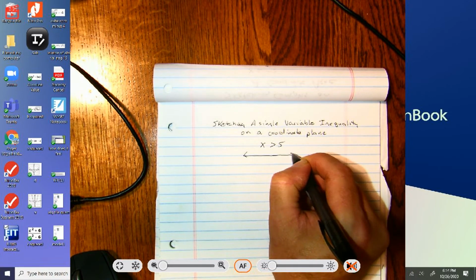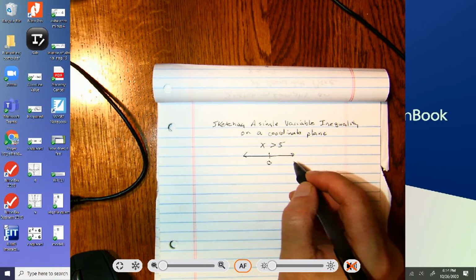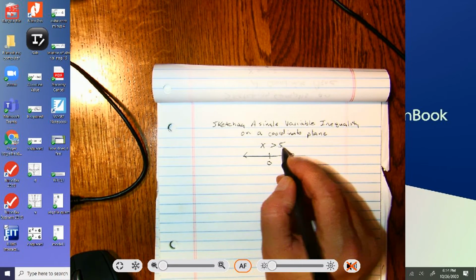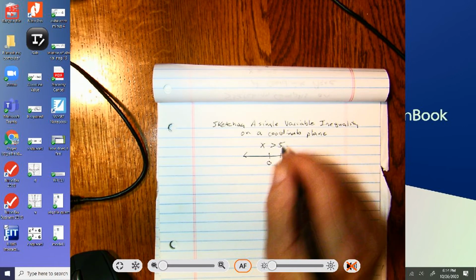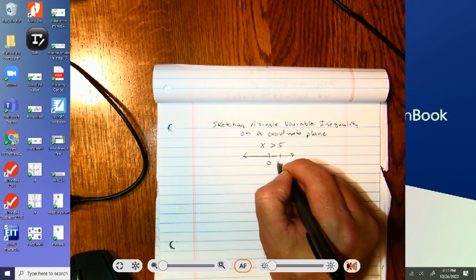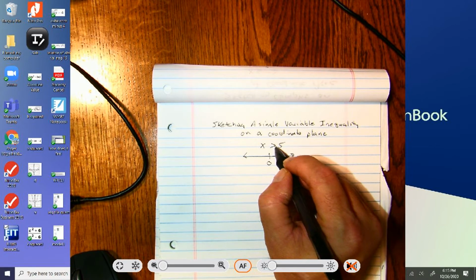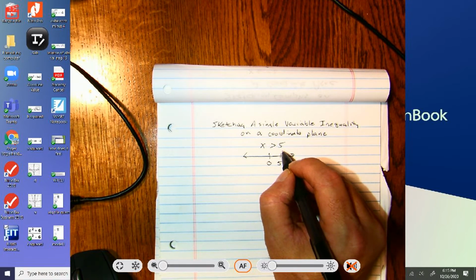Put your 0 here around the center, and then you take that 5 and mark it somewhere to the right, because 5 is greater than 0. And you put a label. Then you look at the inequality sign and decide whether you will have an open circle or a closed circle.